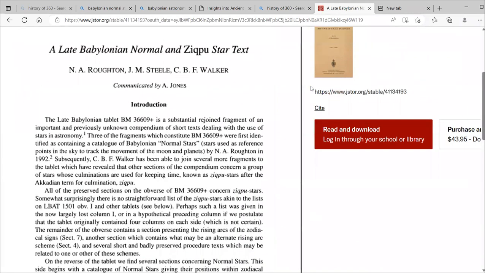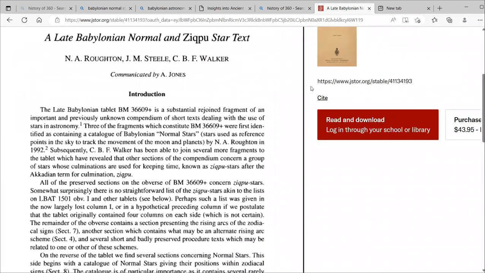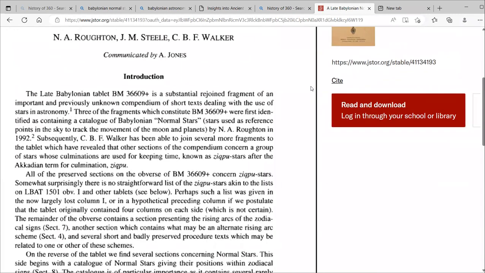Late Babylonian normal and ziqpu star text. The late Babylonian tablet BM 36609 is a substantial rejoining fragment of an important and previously unknown compendium of short texts dealing with the use of stars in astronomy.